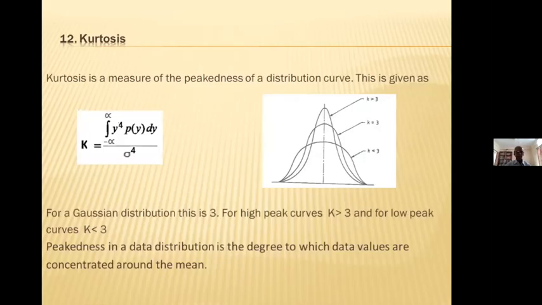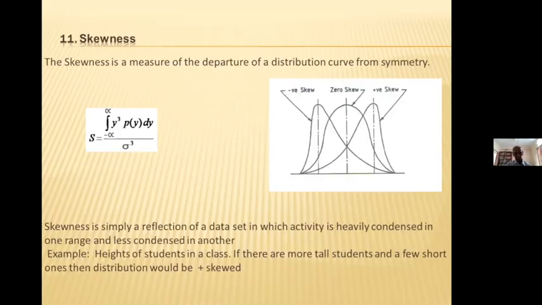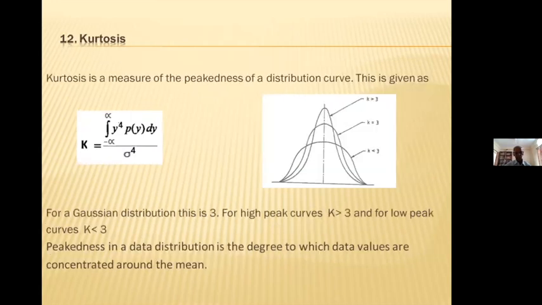Similar to this, there's one more point about skewness. This is basically the third moment, y cube, third moment of the probability density. Similarly, we have a fourth moment, which is called kurtosis, which simply gives a measure of peakedness. That means how peaked the distribution is.